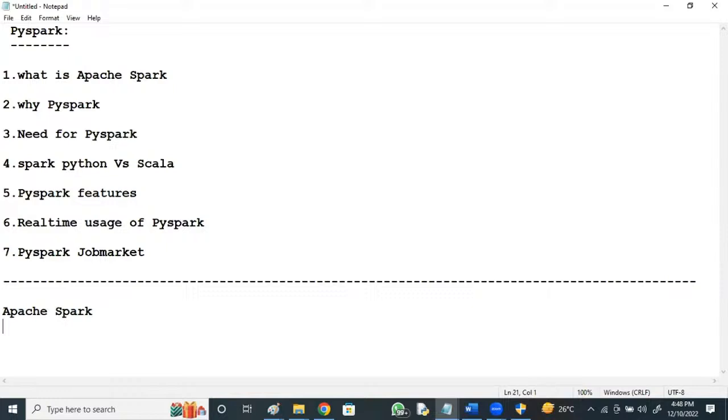This Apache Spark is a general engine for big data analysis, processing, and computation. It is mainly used for big data analysis, processing and computation.